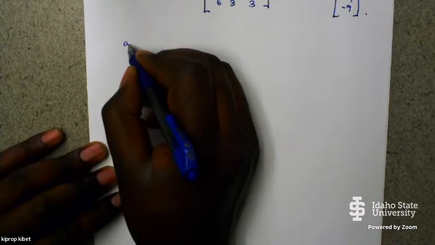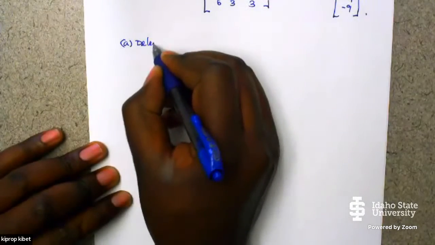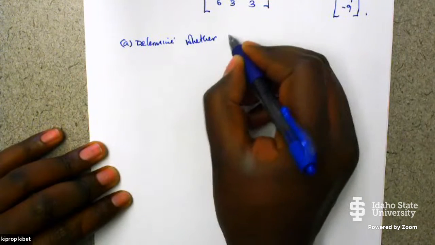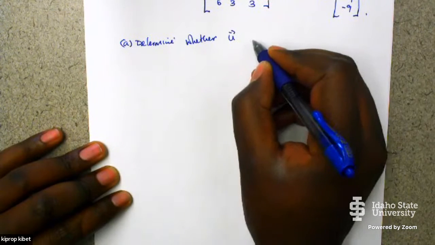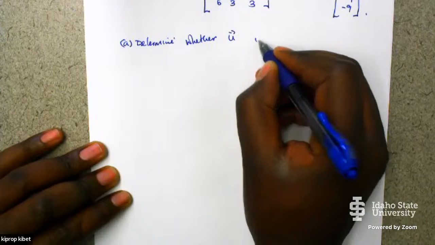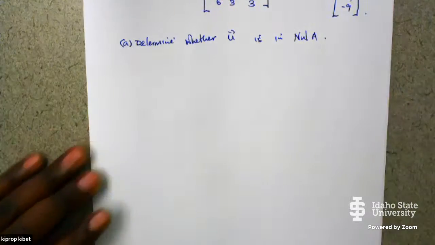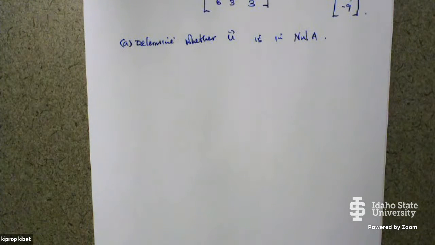Number A: let's determine whether U is in the null space of A.